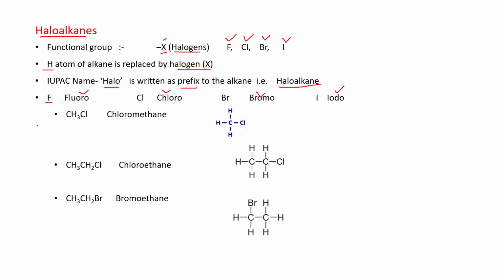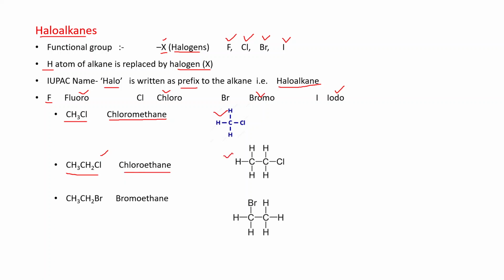For example, if one of the hydrogen atoms of methane is replaced by Cl, then we will get CH3Cl. This is called chloromethane, and this is its structure. In the case of ethane, if one of the hydrogen atoms is replaced by chlorine, then we will get the structure CH3CH2Cl, and this is called chloroethane.